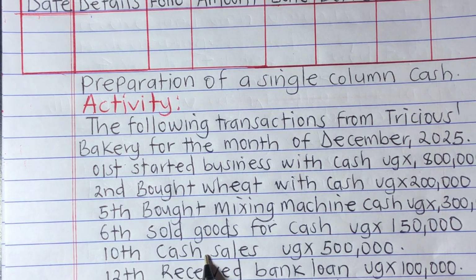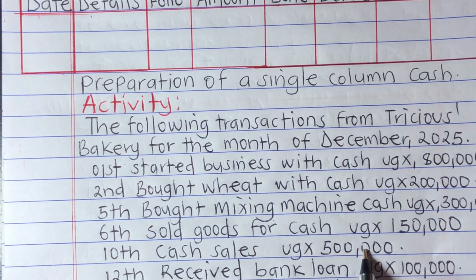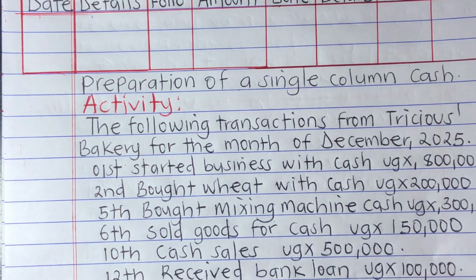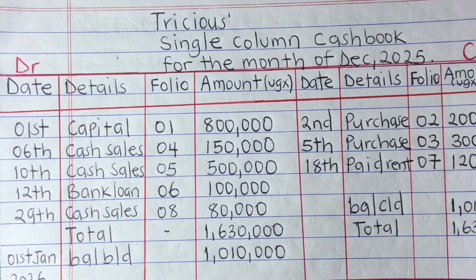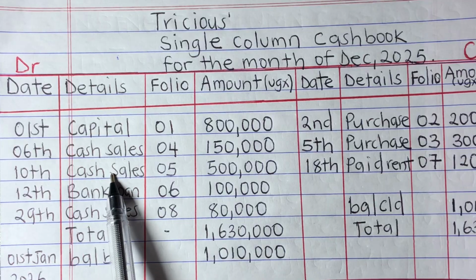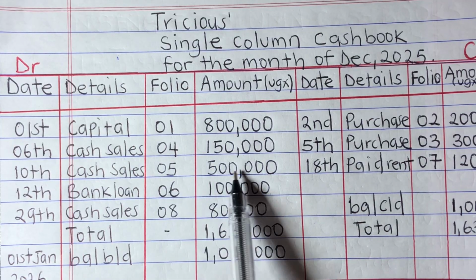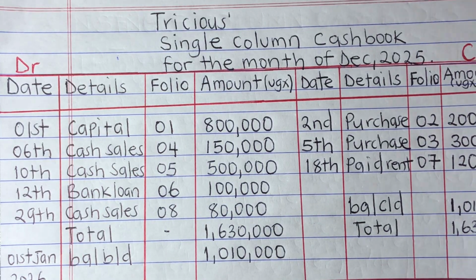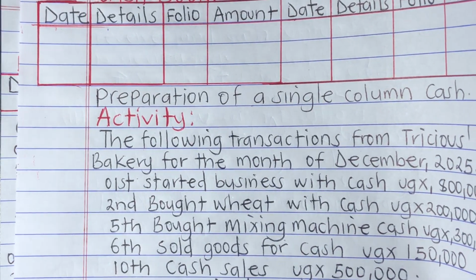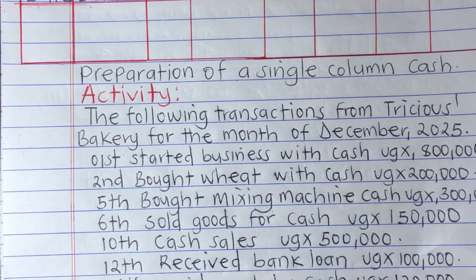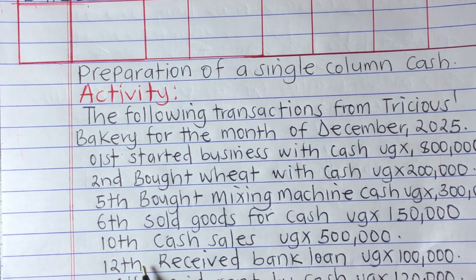So we're going to record 10th cash sales UGX 500,000 on the debit side in the cash book. So 10th cash sales, let's give it folio number 05. The amount is 500. We're done recording that because it is a debit, as the business was receiving money. We're done with 10th. Let's go on 12th.